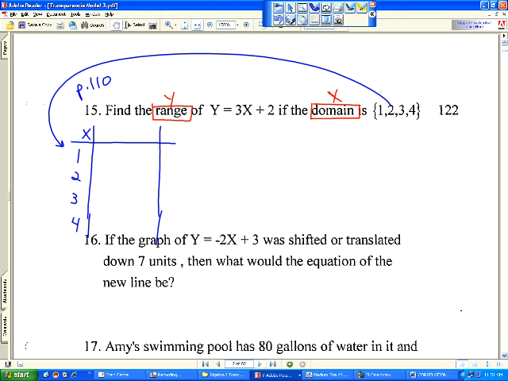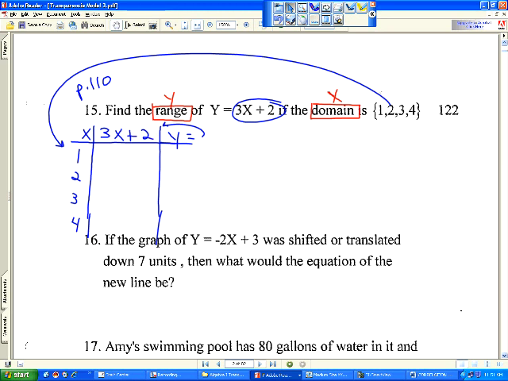Now we're quoting page 97A. To build a table, we start with x because it is the domain or the independent variable. We solve for y because it is the range or the dependent variable. What we put in said y was equal to 3x plus 2.